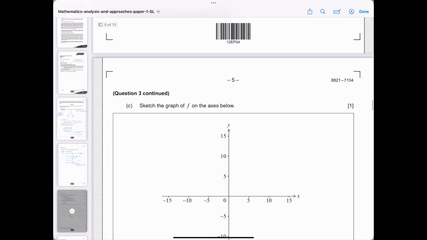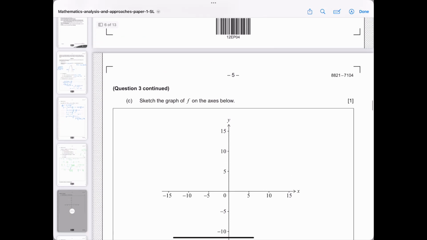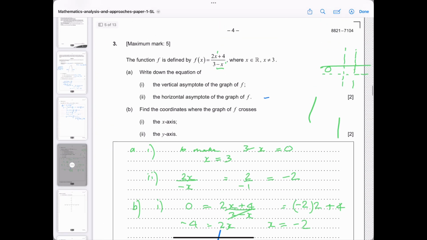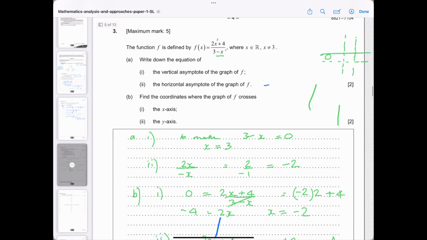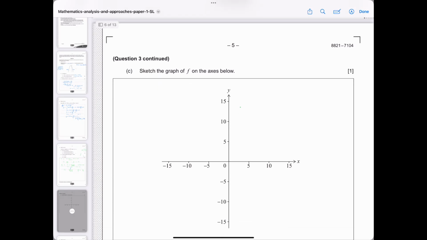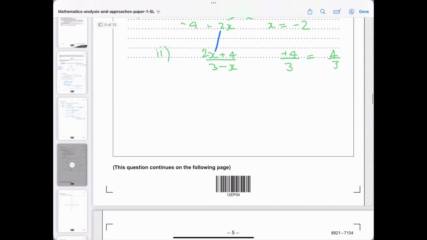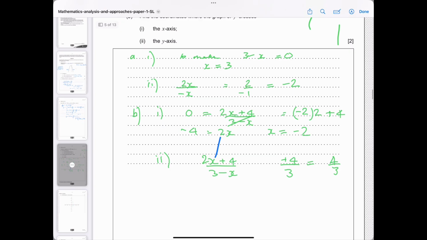Right, now sketch the graph of f on the axis below. So we know where our asymptotes are, so they're at 3 and minus 2, so let's just put those in. And then we know where it crosses the x-axis.